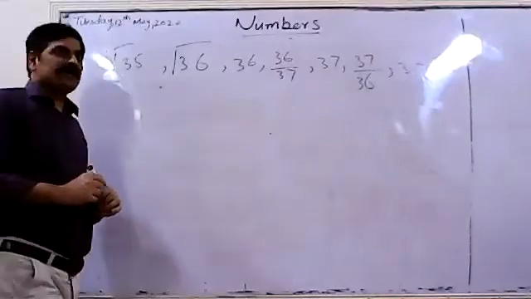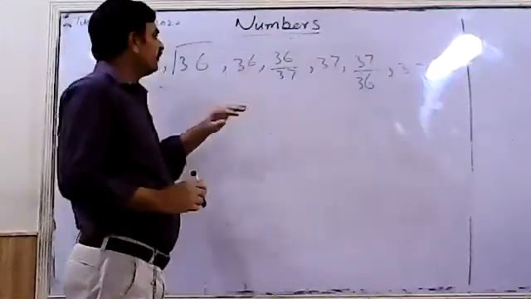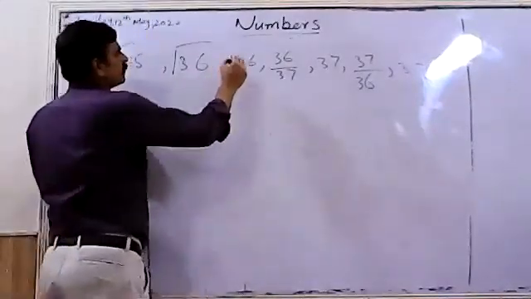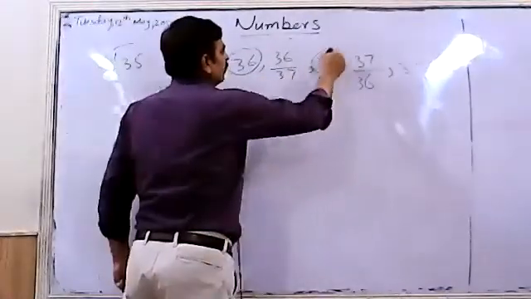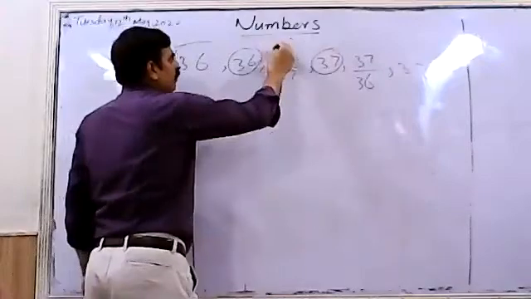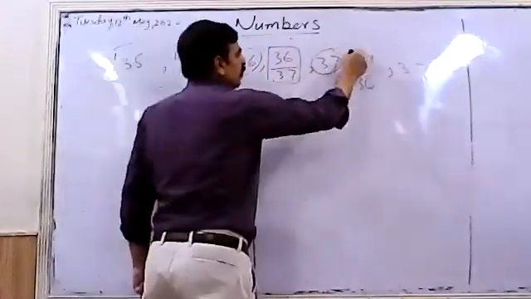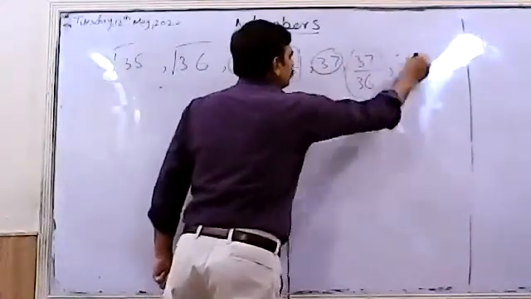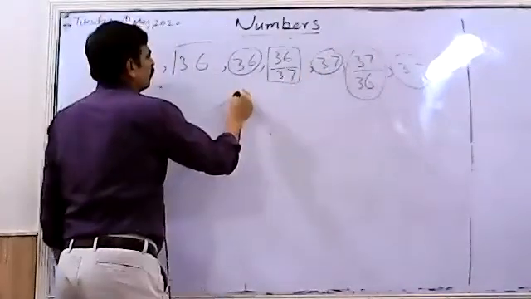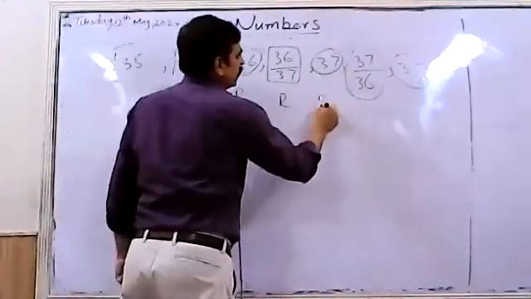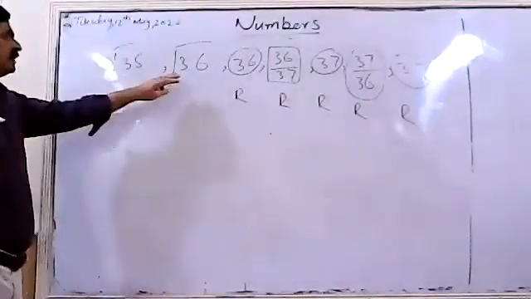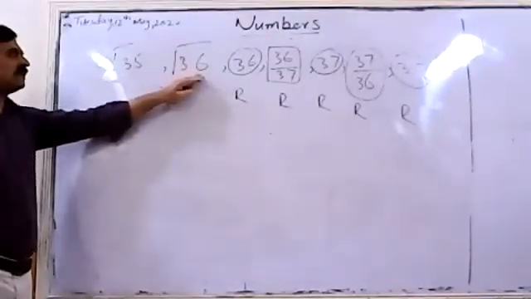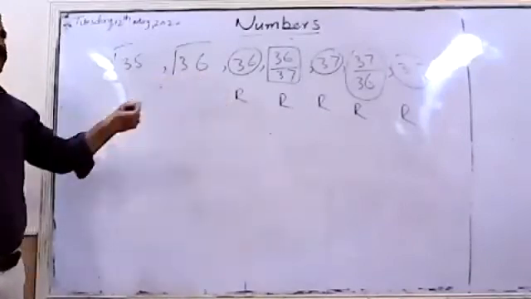All those numbers which are an exact value, suppose 36, 37, all fractions, all decimal fractions are known as rational numbers.